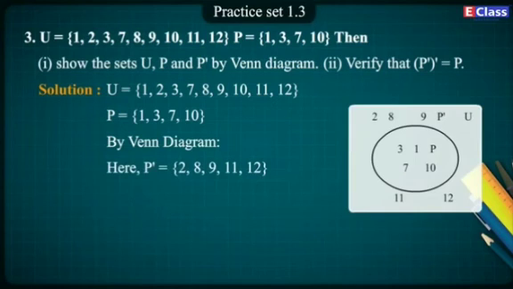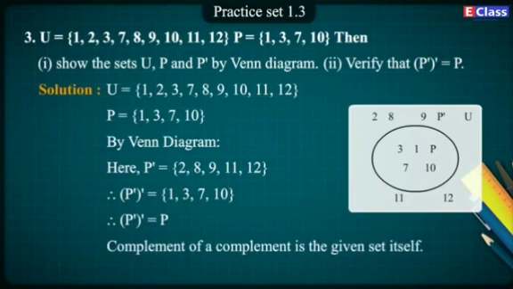Here, P complement is equal to {2, 8, 9, 11, 12}. Therefore, complement of P complement is equal to {1, 3, 7, 10}. Therefore, complement of P complement is equal to P. Complement of a complement is the given set itself, hence verified.